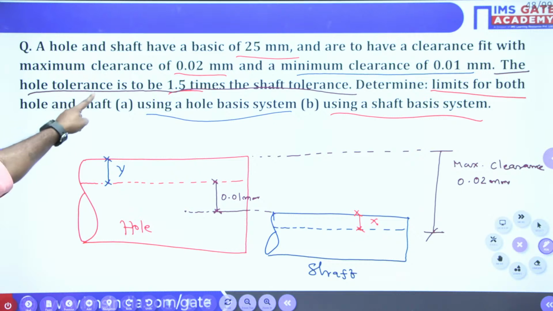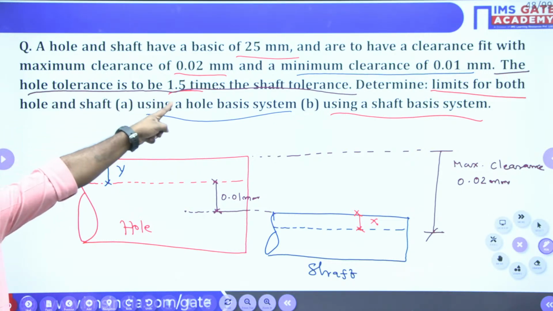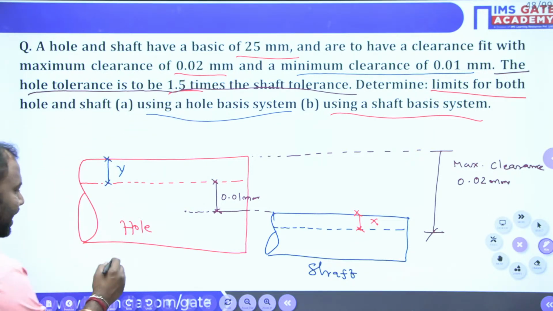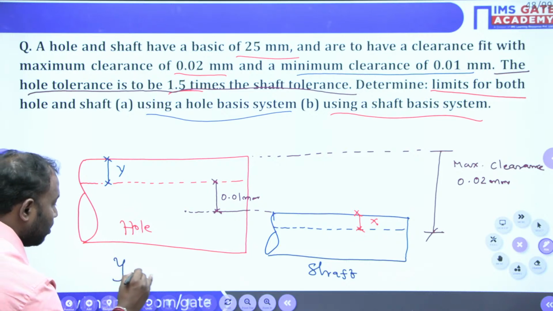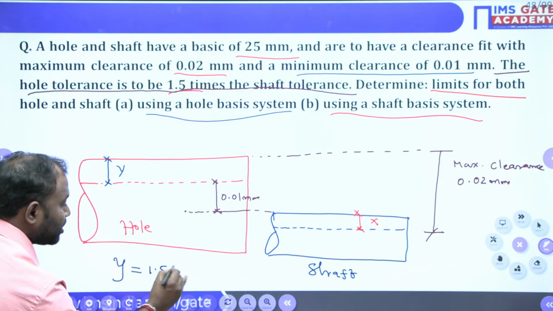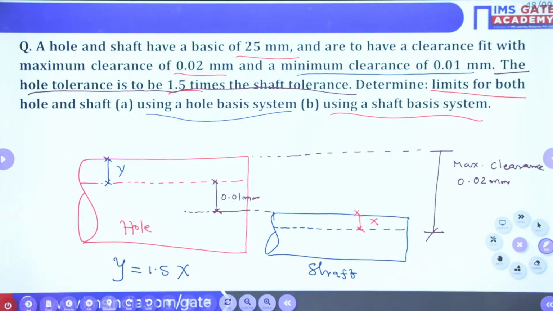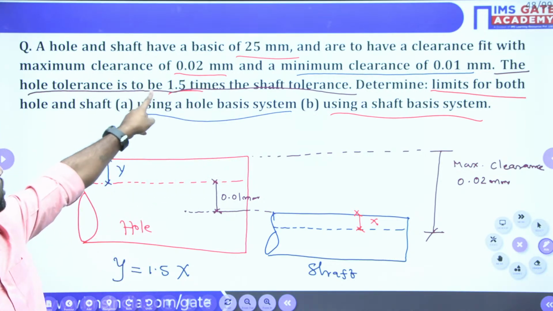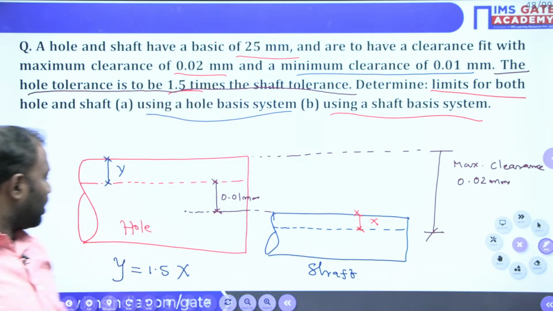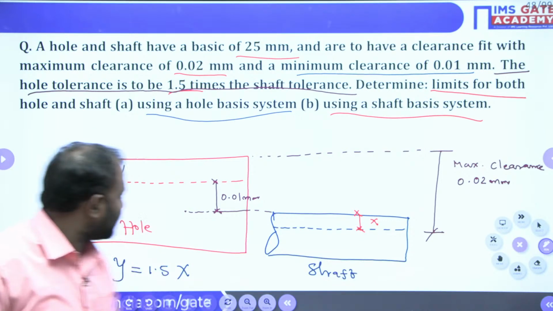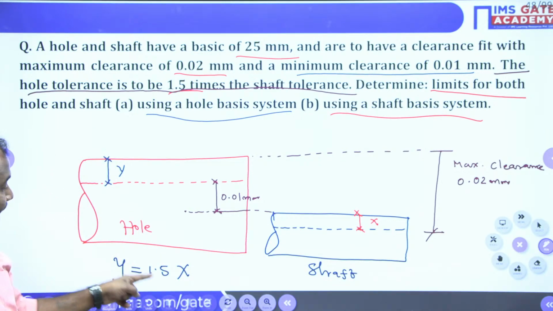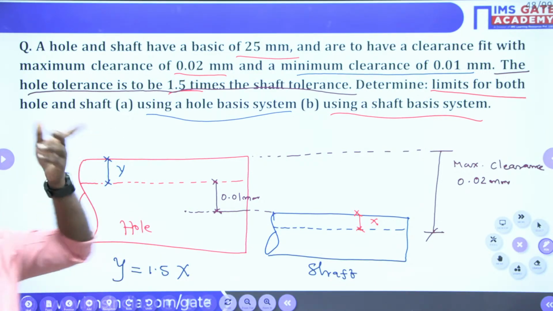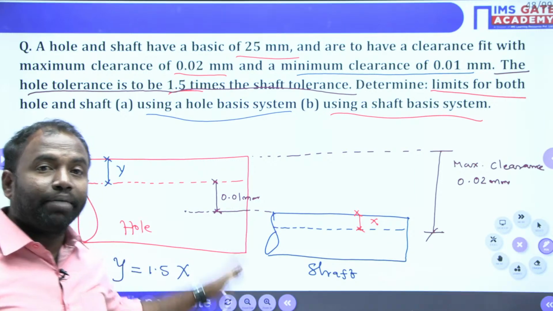The hole tolerance is 1.5 times the shaft tolerance. Can I write like this? y equal to 1.5 times x. Yes, guys, that is what they gave. x is the shaft tolerance, so 1.5 times x is equal to the hole tolerance. That is what I presented over here.